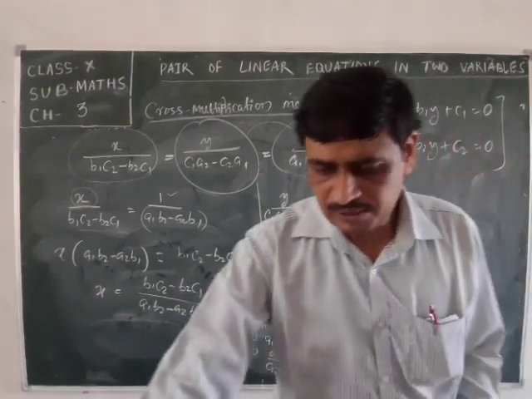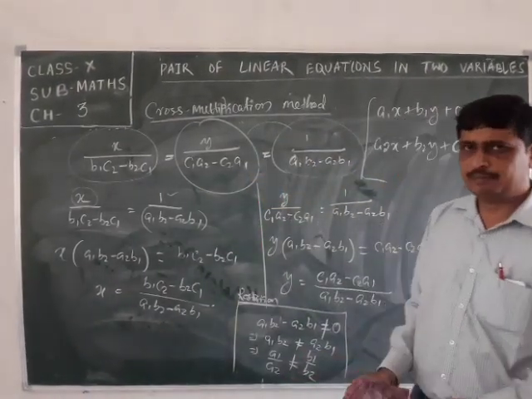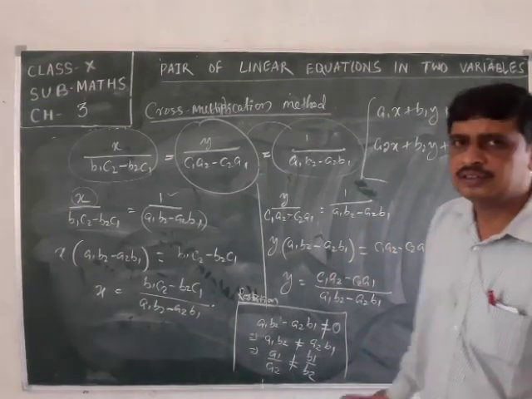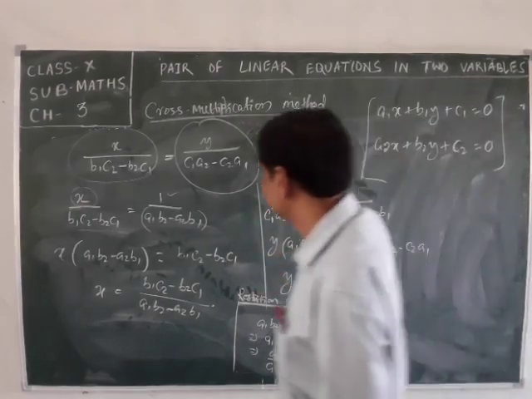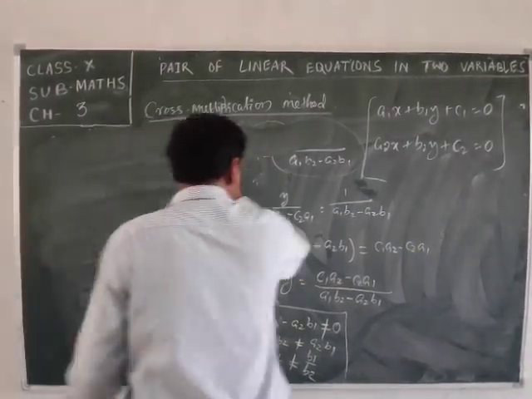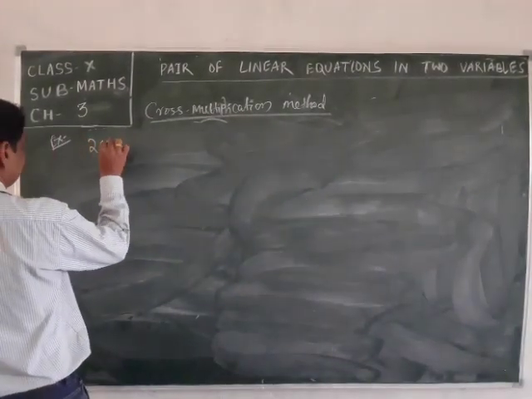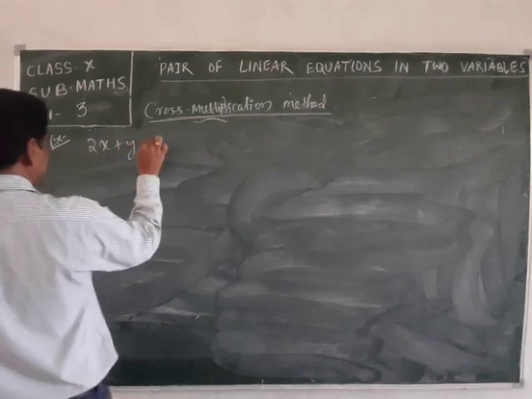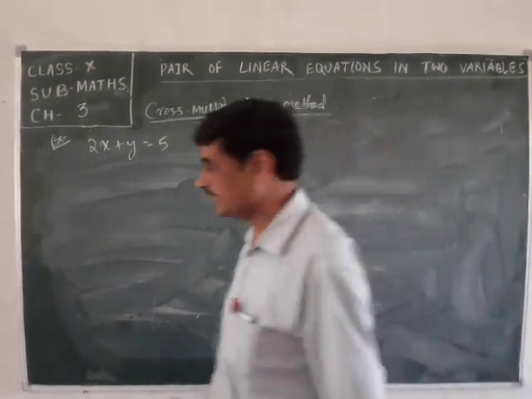Now we will discuss, by taking an example, how to solve equations using the cross multiplication method. Here the equations are 2x + y = 5 and 3x + 2y = 8.